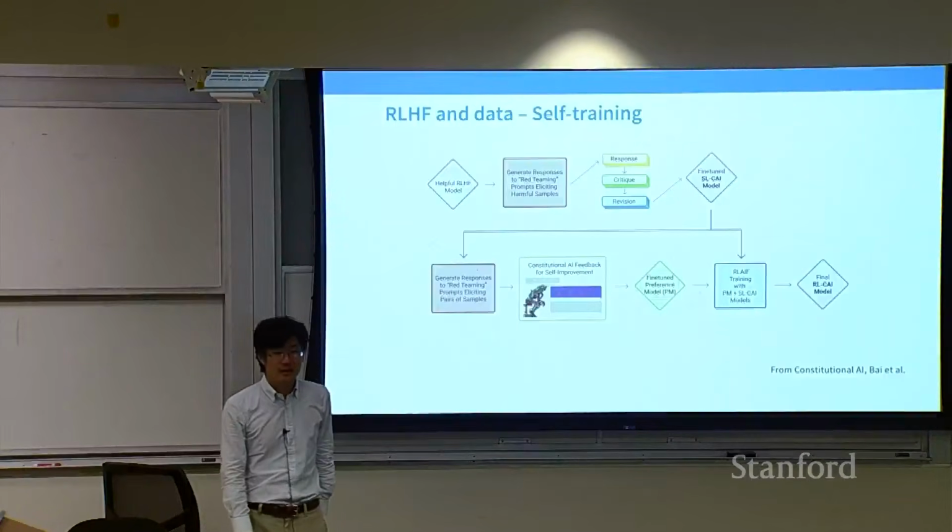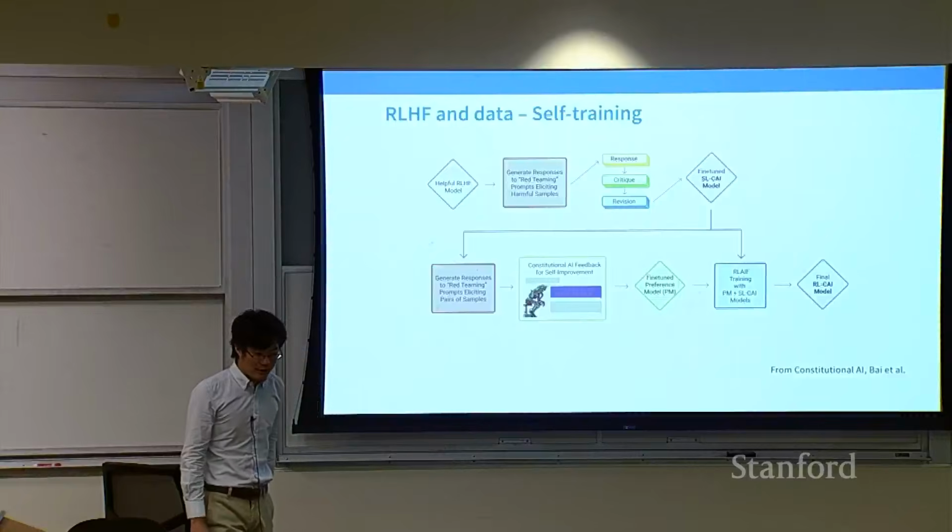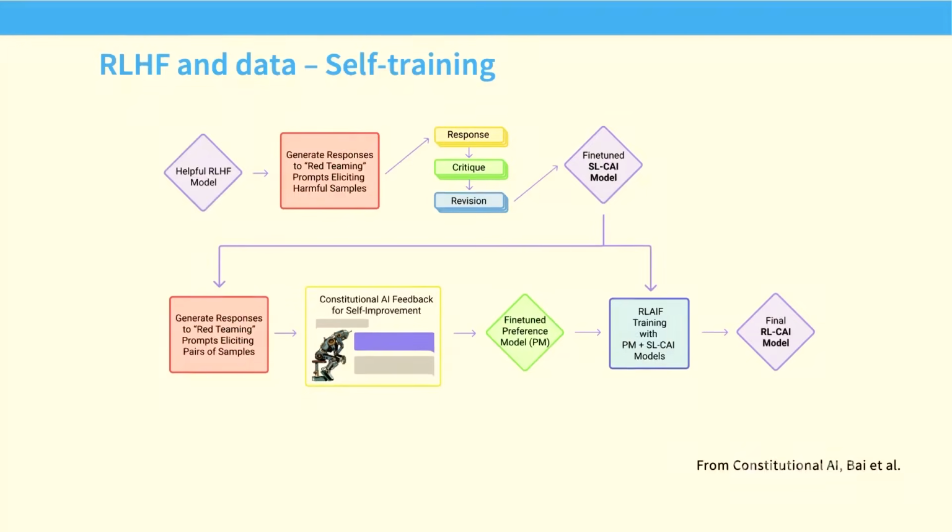Cool. Okay, there are other places where you might do model generation that is not purely distillation. Anthropic had an early work on self-training. This was constitutional AI, where they prompted a model to generate safety data, and then they trained the model itself on that prompted data, and that allowed them to get a safer model out of the model. You can think of this as a very early self post-training data generation loop.